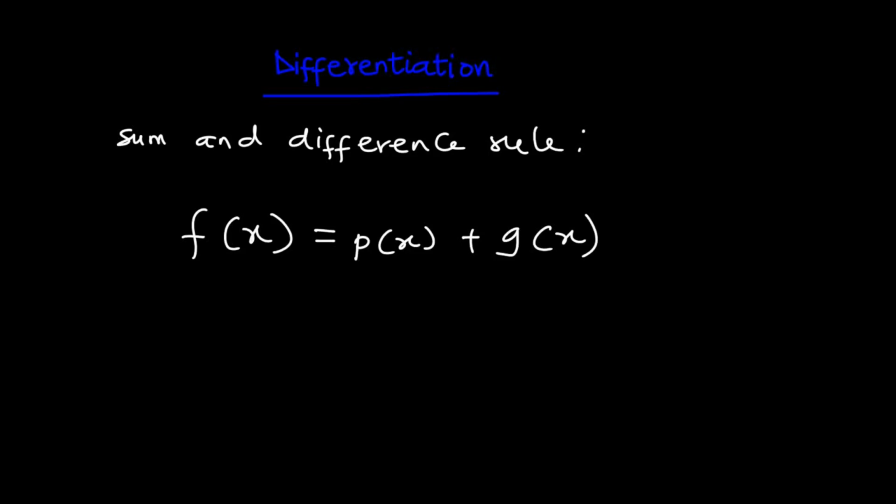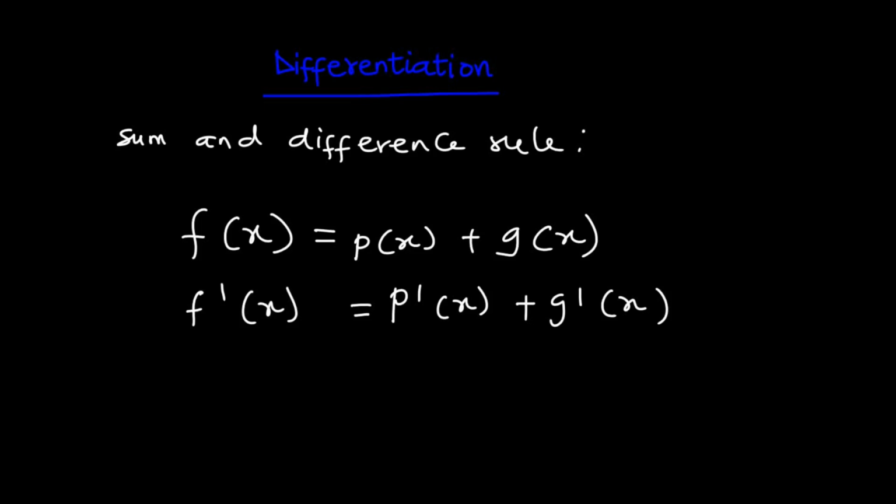When I have a function that is made up of two different functions being added up, then the derivative of this function, f prime of x, will be the derivative of the first function plus the derivative of the second function.